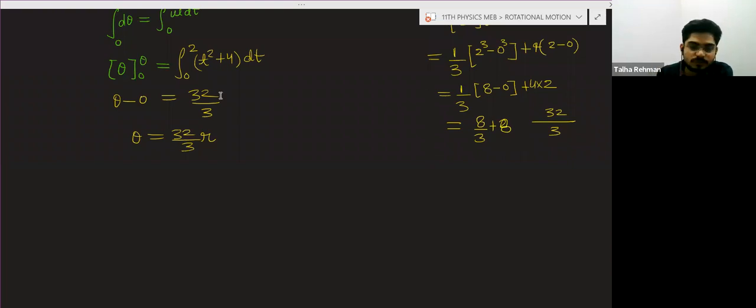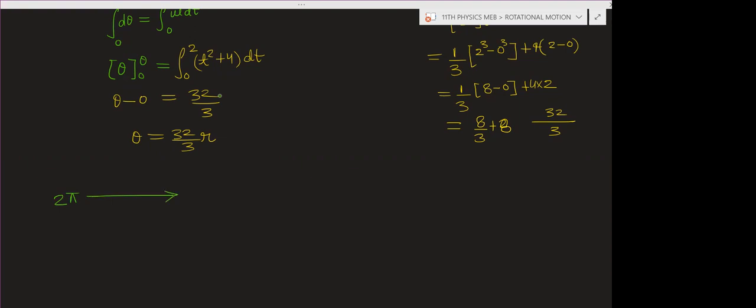Okay. So we know that in 2 pi radian, how many revolutions are there? In an angle of 2 pi, how many revolutions are there? 1.